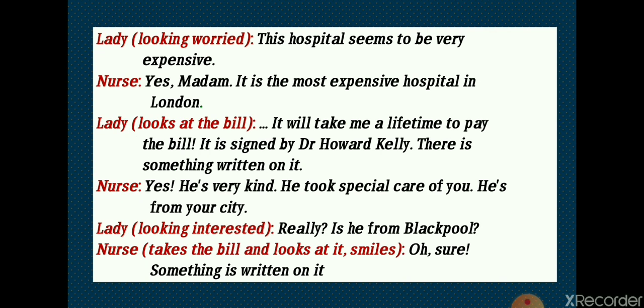Lady: This hospital seems to be very expensive. Nurse: Yes, madam. It is the most expensive hospital in London. Lady: It will take me a lifetime to pay the bill. It is signed by Dr. Howard Kelly. There is something written on it. Nurse: Yes, he is very kind.